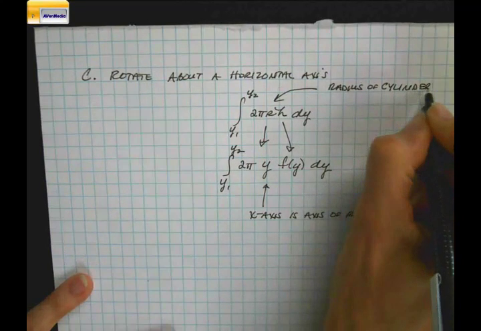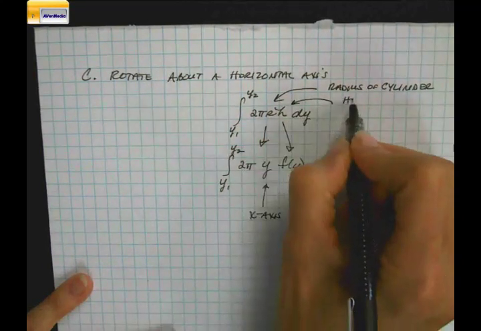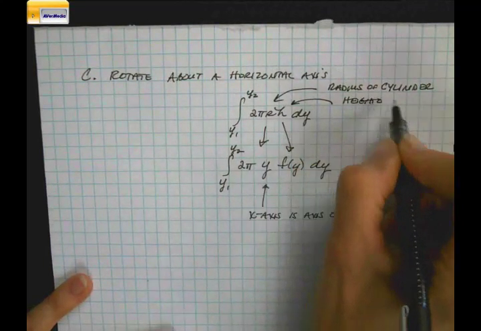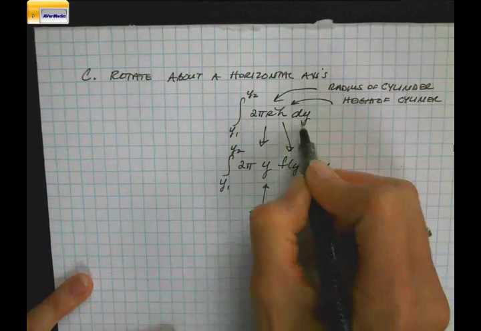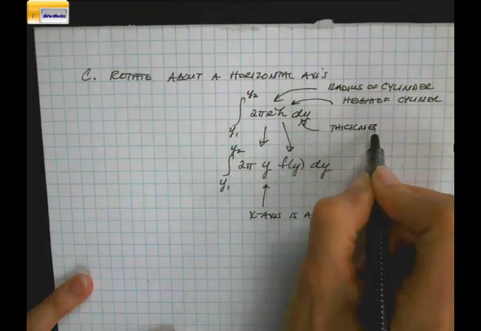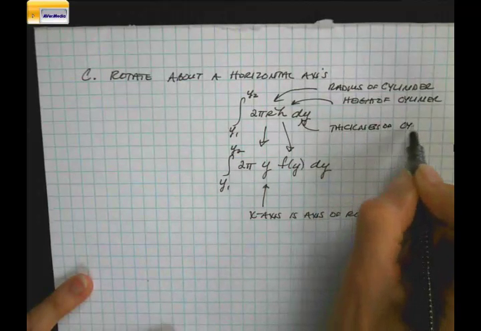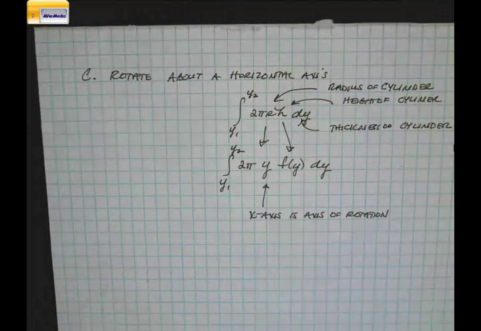The h is the height of the cylinder, and the dy is the thickness of the cylinder, which is supposed to be 0. Okay, it's supposed to be paper thin, approaching a thickness of 0.